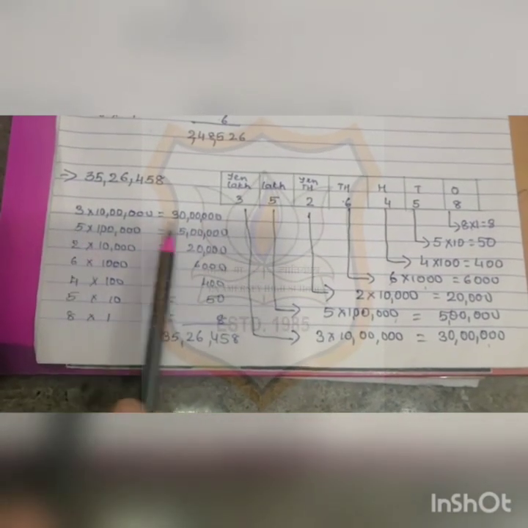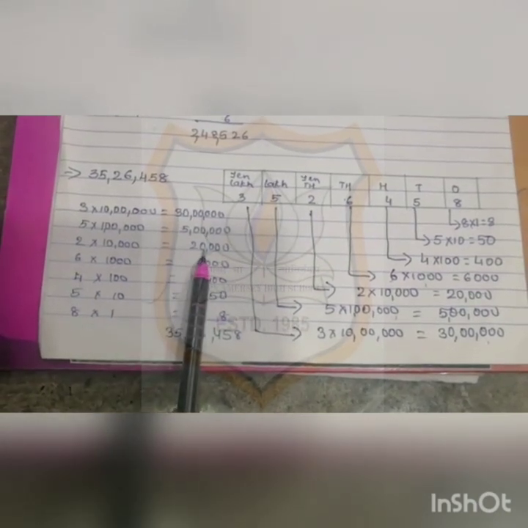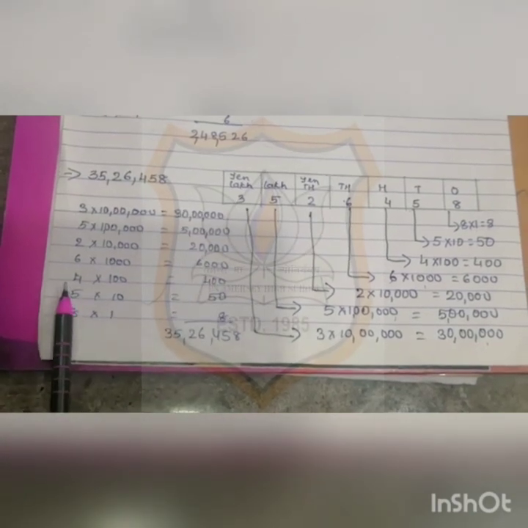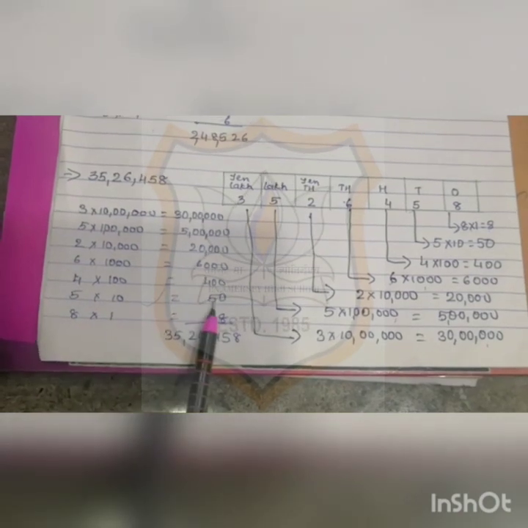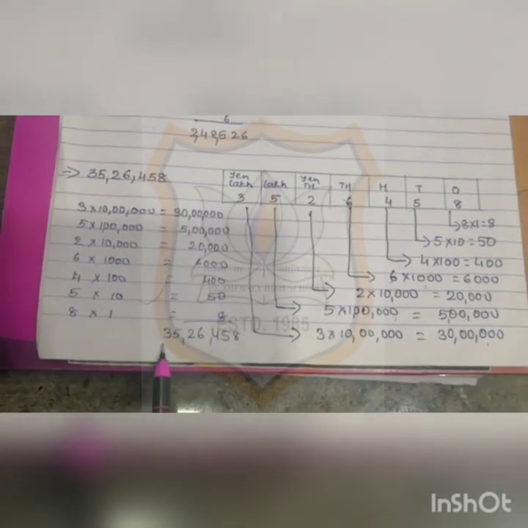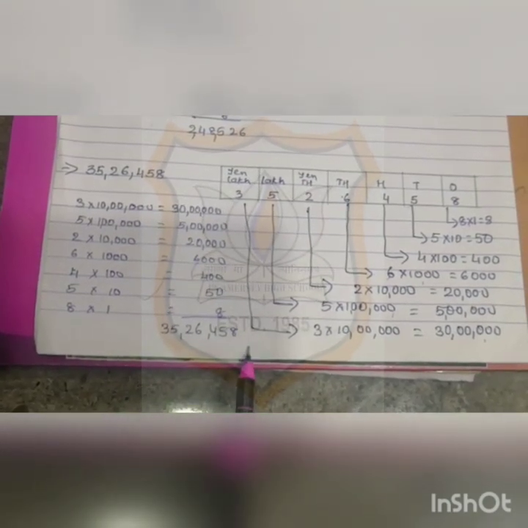Place value of 5 is 5 lakh. Place value of 2 is 20,000. Place value of 6 is 6,000. Place value of 4 is 400. Place value of 5 is 50. And the place value of 8 is 8. So the number becomes 35,26,458.